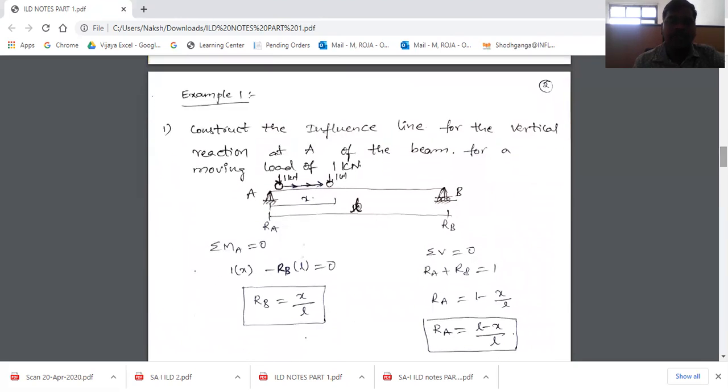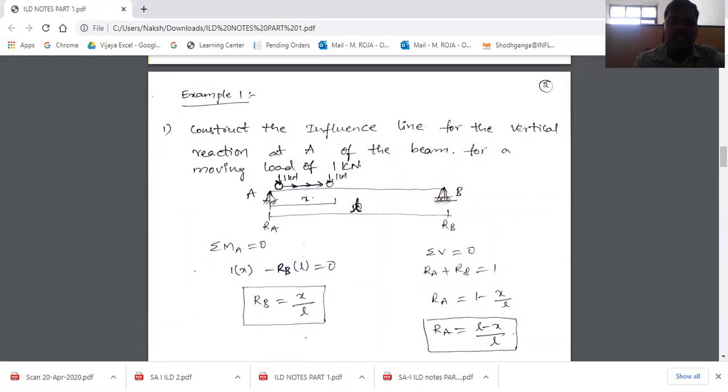And coming to a small numerical problem: construct the influence line for the vertical reaction at A of the beam for a moving load of 1 kilonewton.